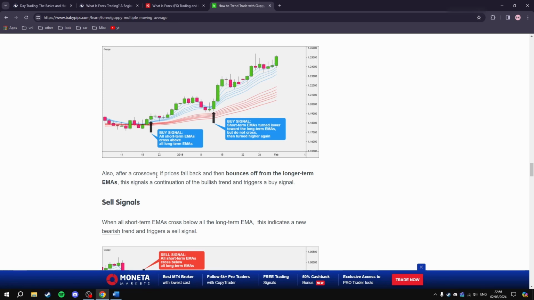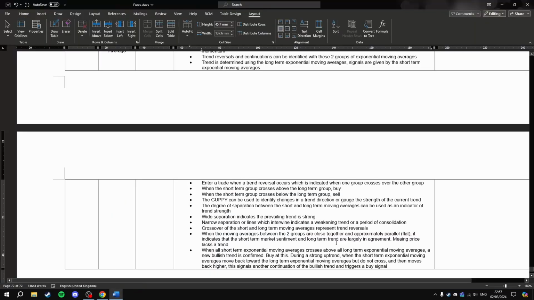Also, after crossover, if prices fall back and then bounces off from the long-term exponential moving averages, this signals a continuation of the bullish trend and triggers a buy signal.